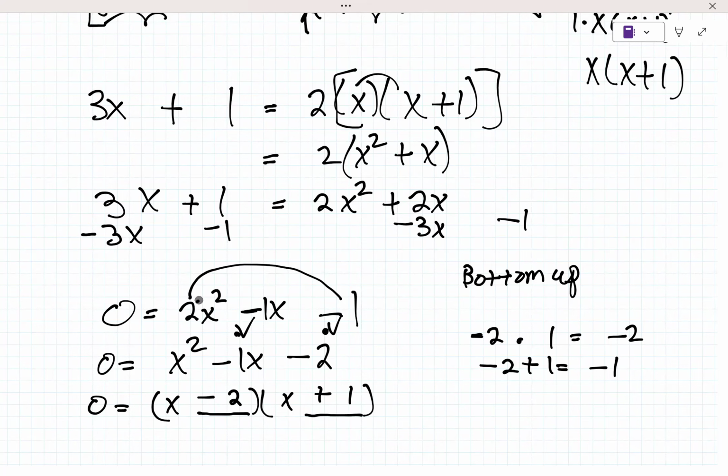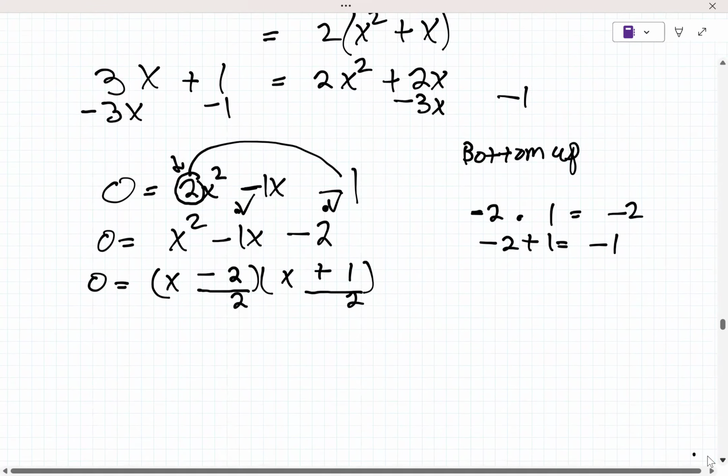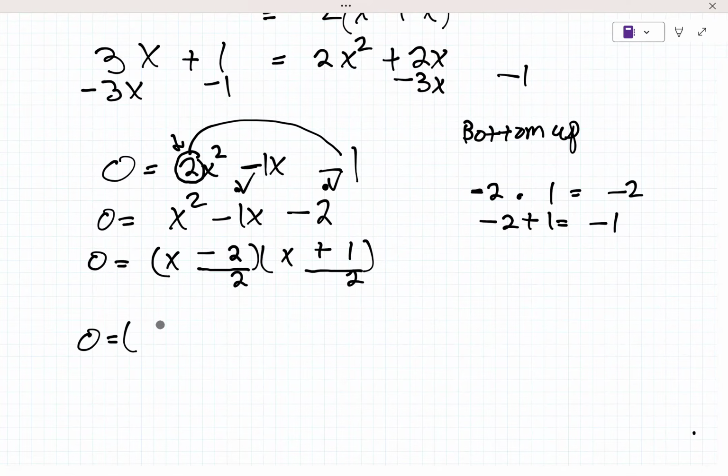And then remember the original a, this 2 here? We're going to divide that negative 2 by 2 and divide this 1 by 2 only. So you get 0 equals, and then this comes out nicely. Negative 2 divided by 2 is negative 1, no more fraction. That's what we want. And then we have a fraction here, 1 over 2.